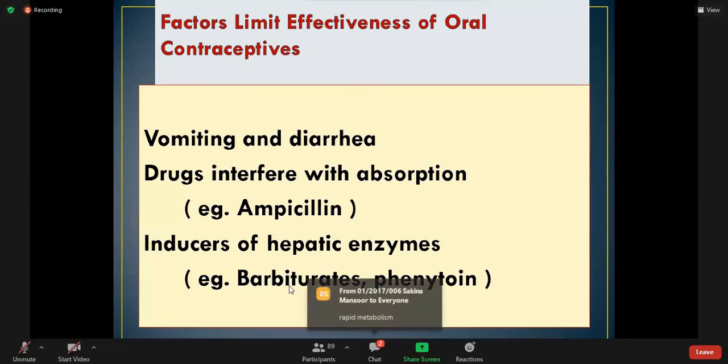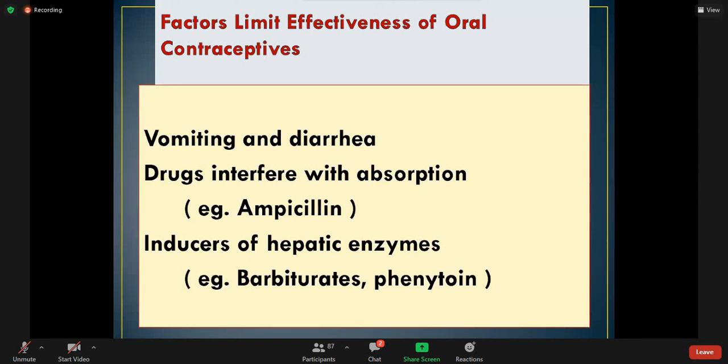A female having a history of epilepsy, and for that she is taking phenytoin, and she is also taking oral contraceptive. So the correct answer: the inducer means early or quick drug metabolism, because contraceptive preparations are metabolized in the liver.